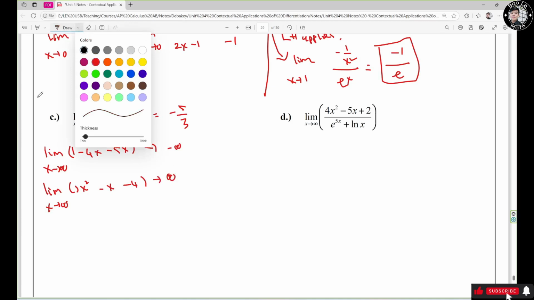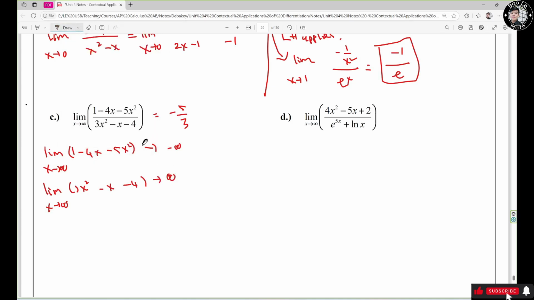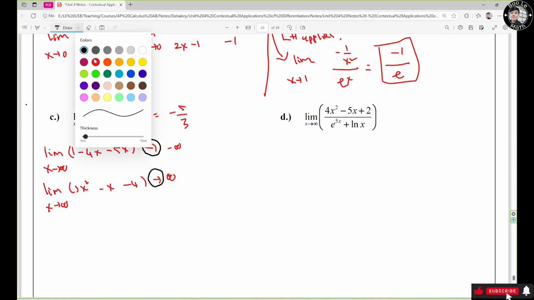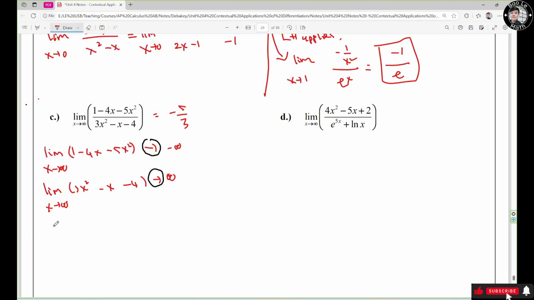Now keep in mind, don't use the equal sign right here, alright? So L'Hopital's rule applies, right? So we have the limit when s approaches infinity of this one, and I'm going to take the derivative of this one.